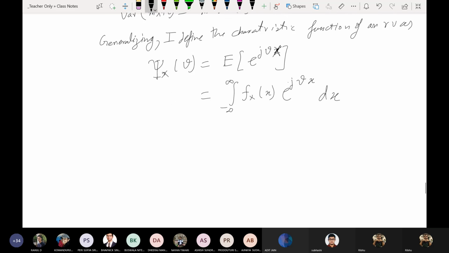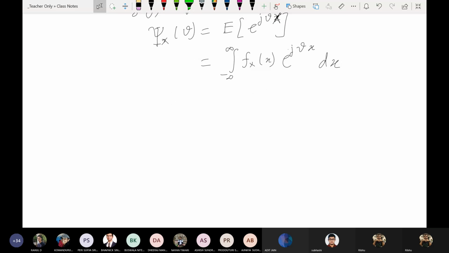So this is something like the Fourier transform of the PDF.